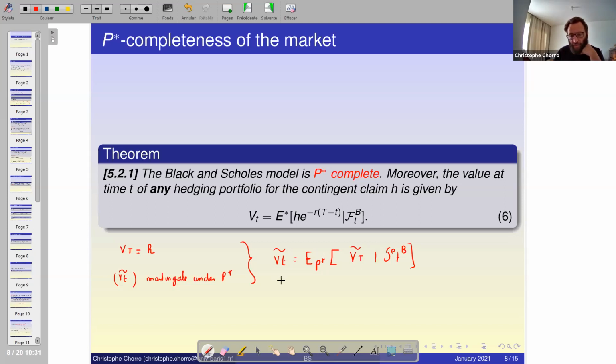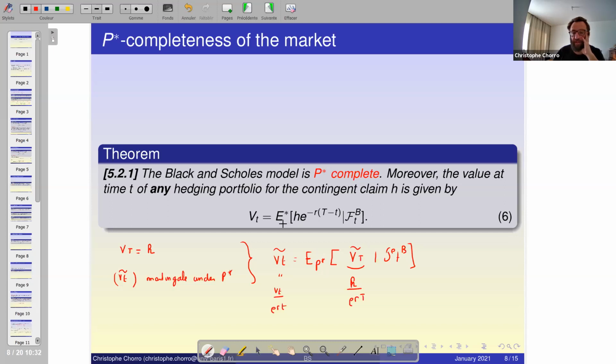And if I use the fact that this is equal to V_t over exponential r t, this one being equal to V_T, so H over exponential r T, from this I obtain exactly this one. So here you have the value at any time of a strategy that replicates the contingent claim.